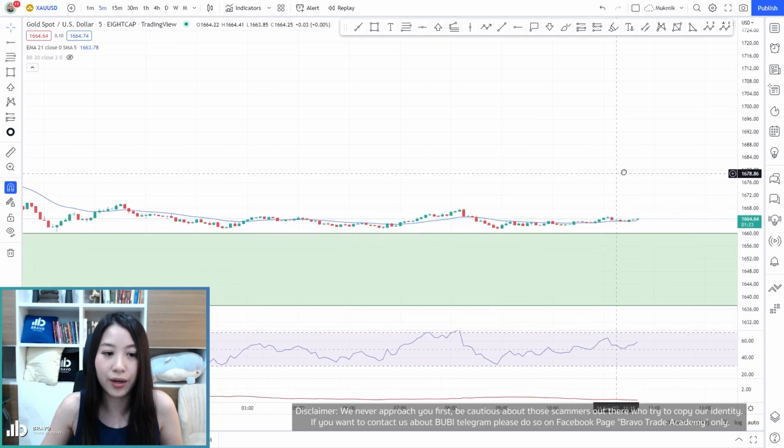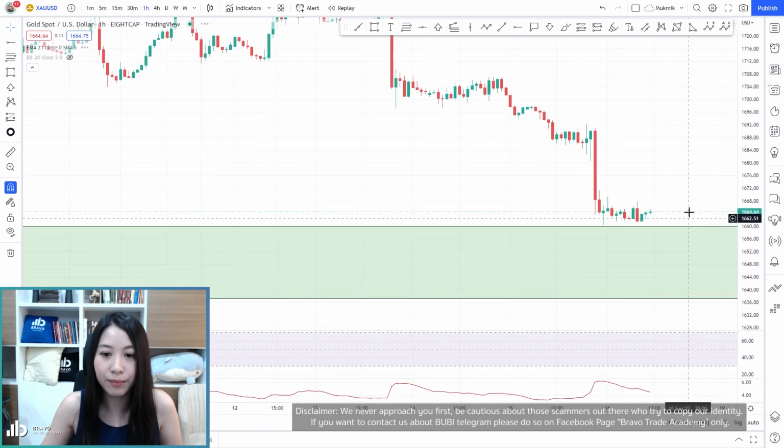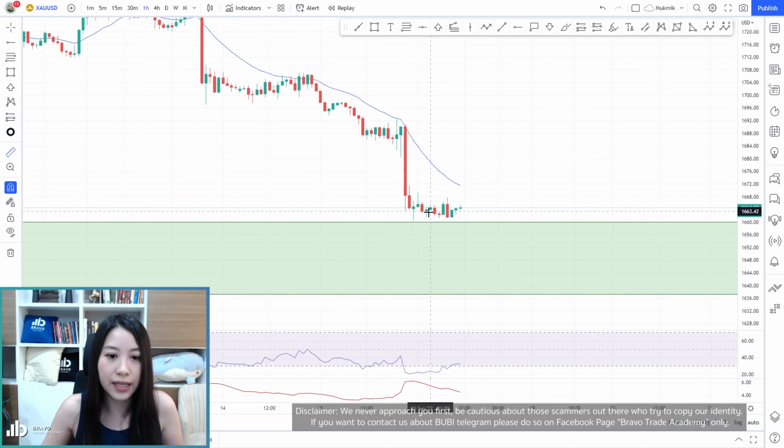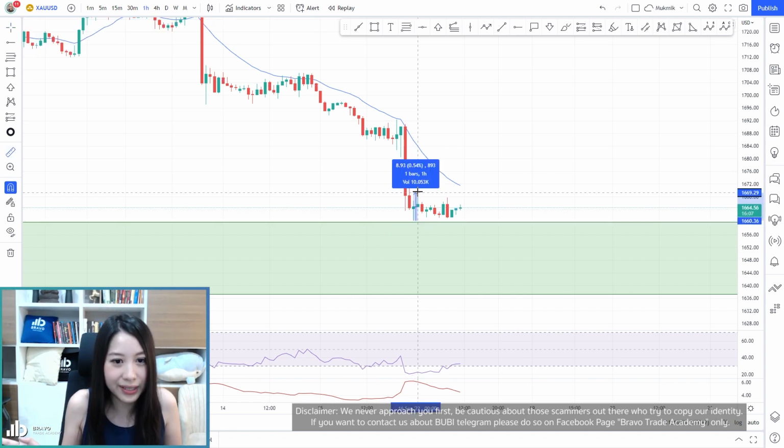Let me bring you to the smaller time frames, and it went up to around 893 points or around 8.9 pips. Alright, so you need to be careful about it. This is once again because of the spread.